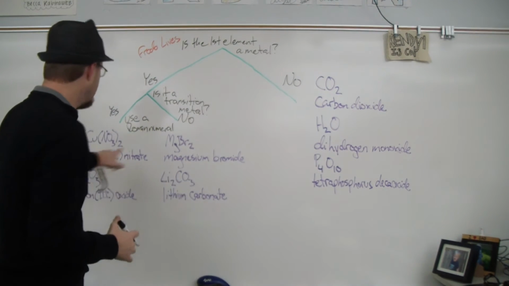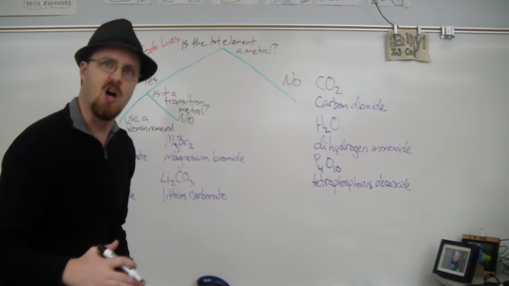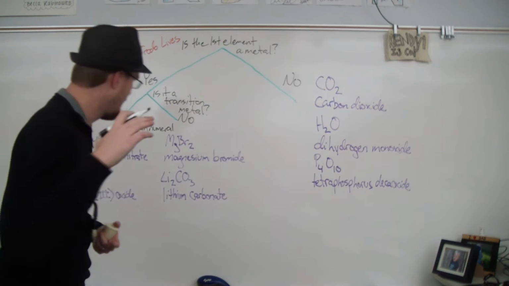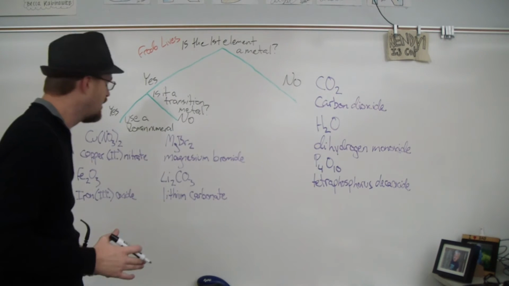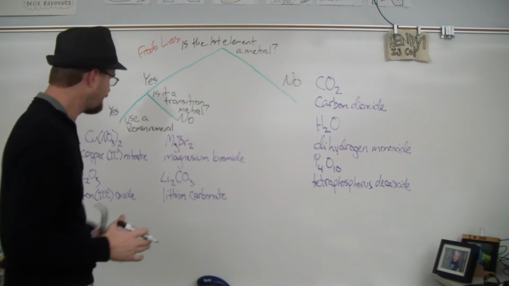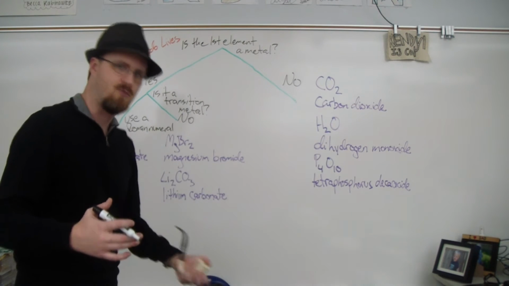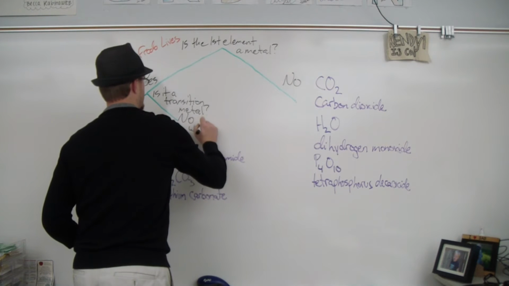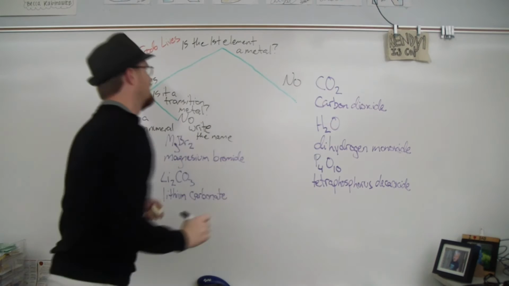And so the Roman numeral here must equal the charge of that specific metal ion. Now, if the answer is no, and it's just a normal ionic compound, well, we are simply going to write the name as we see it on the periodic table.